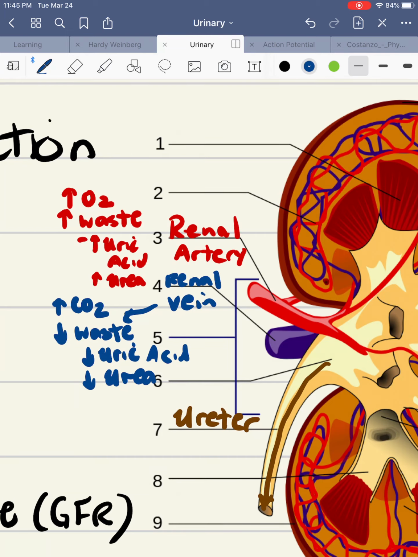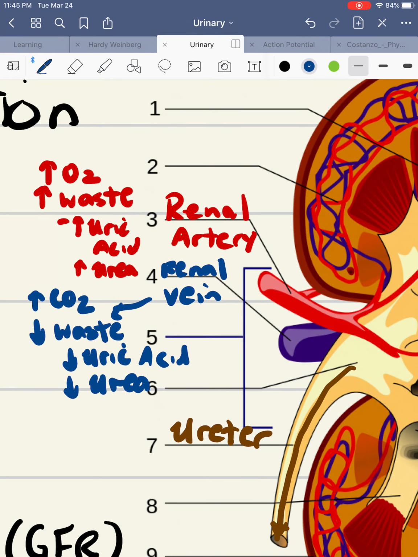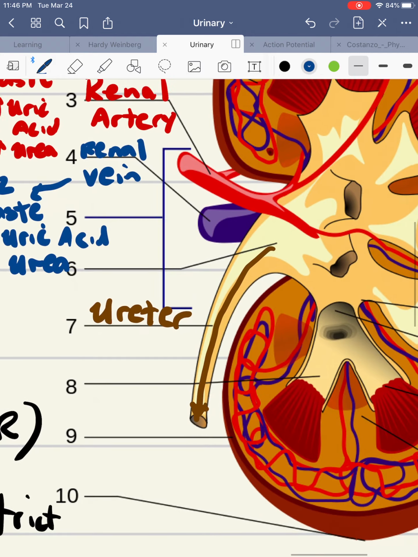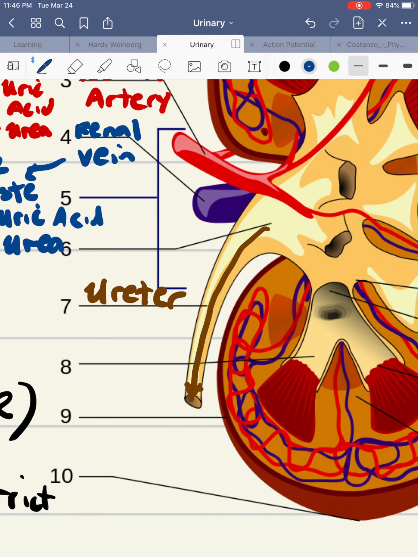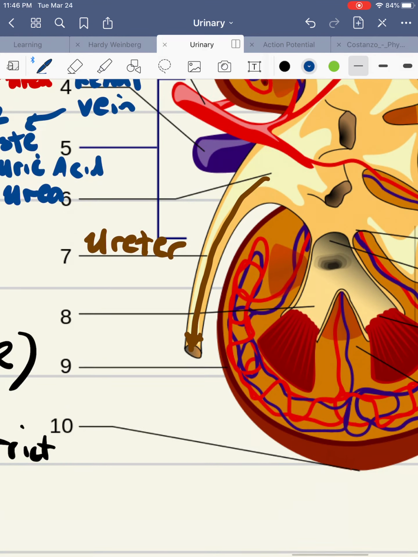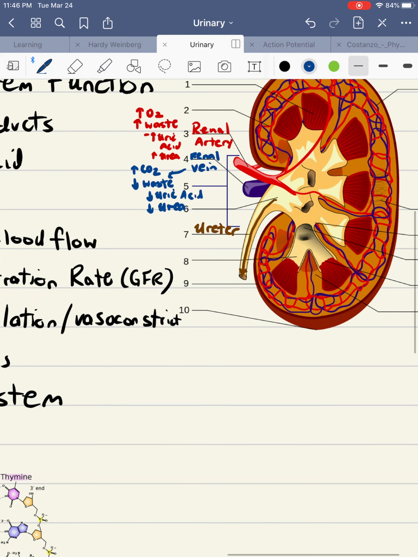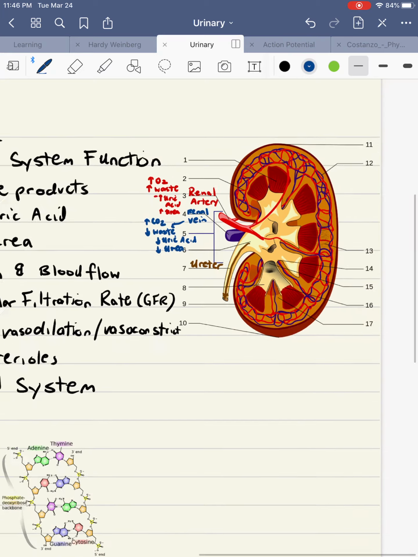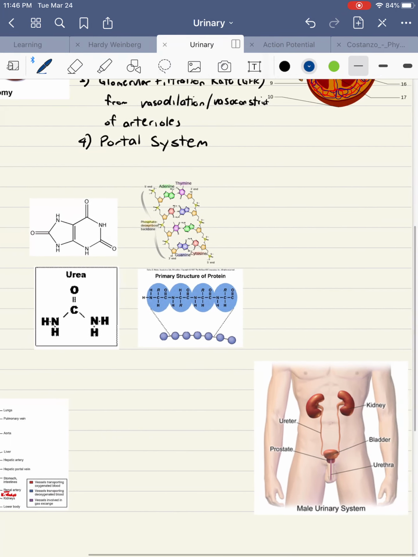And any of that blood coming from the kidneys, in this case the renal vein, actually has very little waste product, because much of that waste product ends up in the ureter, and this ureter is a tube that connects the kidneys, as we see, to the bladder.